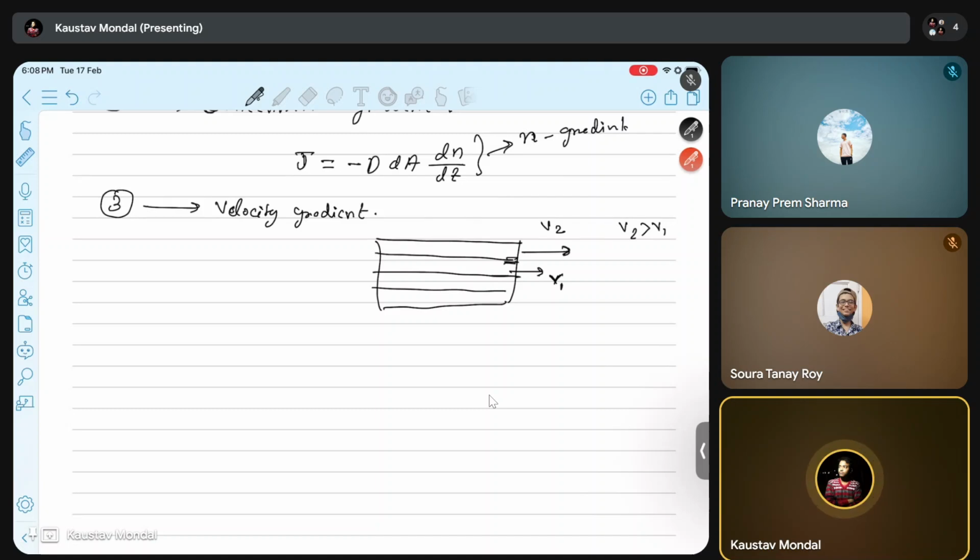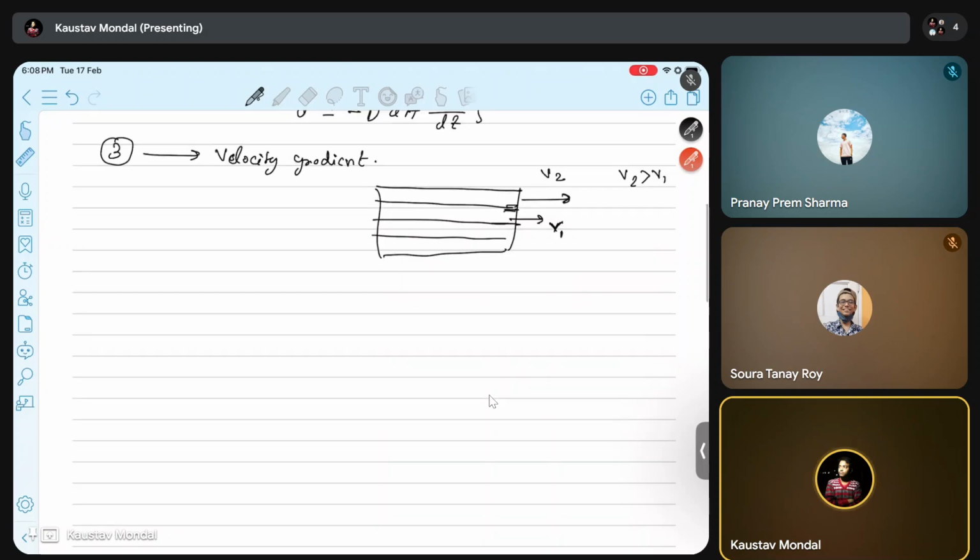So this velocity gradient creates this viscosity in the system, and the force acting between these fluid layers is given by Newton's law of viscosity, where F equals minus eta dA du dz.